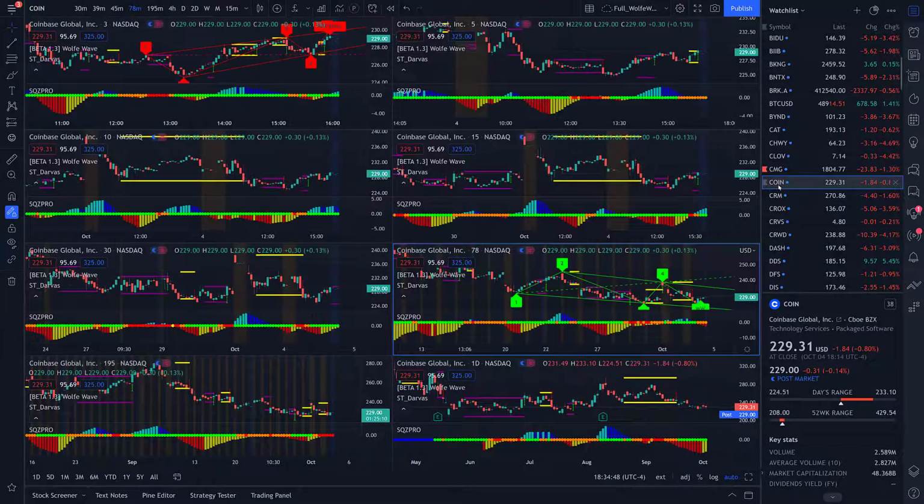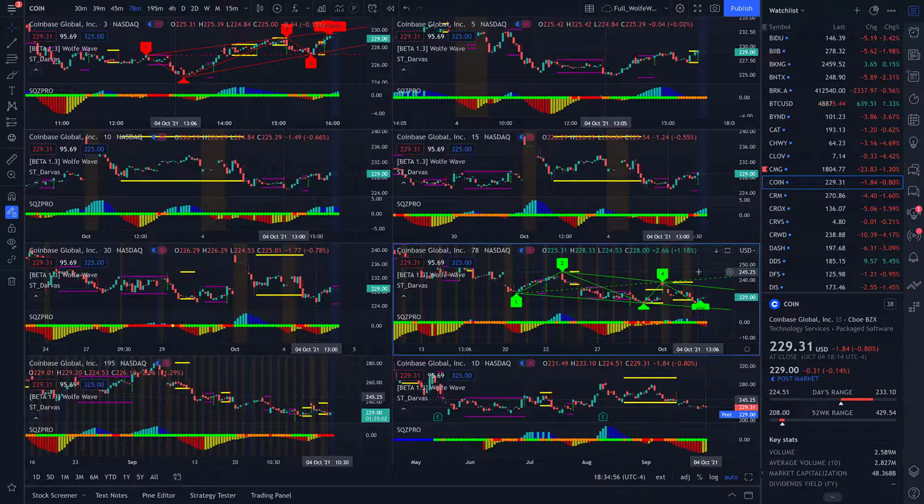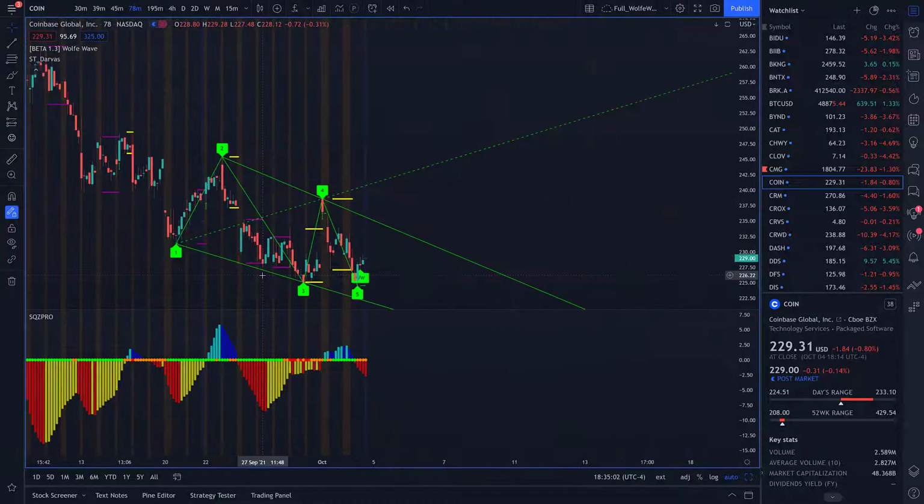Coin. So Coin here has a setup on the 70-minute time frame, and it's related to Bitcoin or cryptocurrencies. When you expand this and see that there's a 70-minute TTM squeeze, you can see there's a little gap here, and I don't know if there are any more gaps above it.